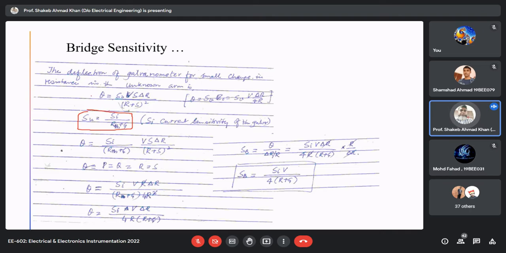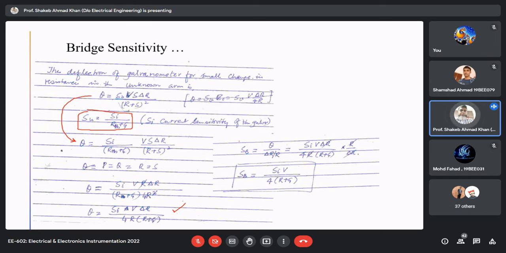So in this expression we put in terms of the current, meaning if your voltage sensitive detector is replaced by the corresponding current sensitive detector, then this will be the expression. And when we are taking the equal arm bridge, then R and S will be replaced by R, and finally we are able to find the simpler relation. Theta for theta, this is the relation.